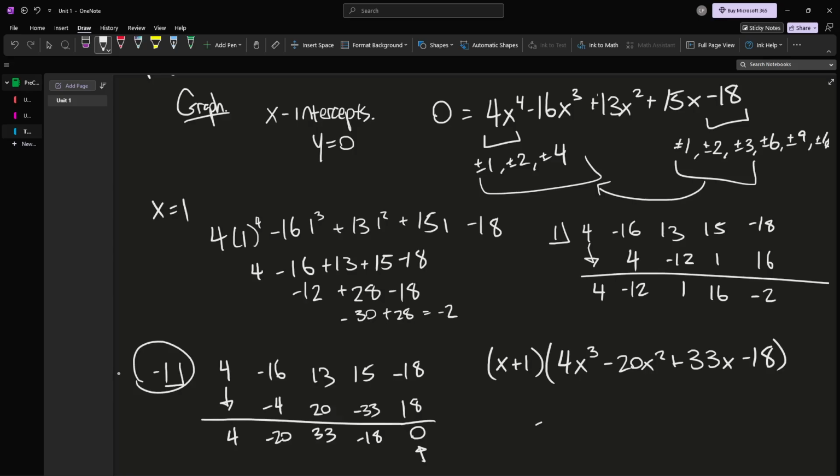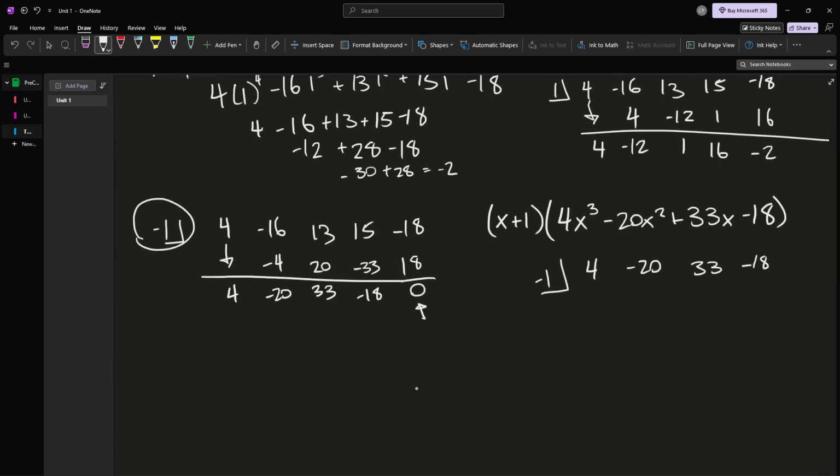Negative 1 for 4, negative 20, 33, negative 18. Synthetic division becomes 4, negative 4, negative 24, positive 24, 57, negative 57, and clearly this does not work. So I'm going to stop right there. Negative 1 does not work anymore.